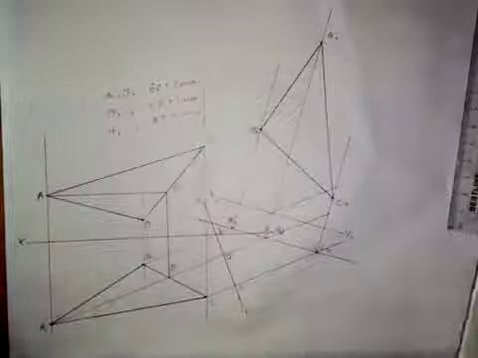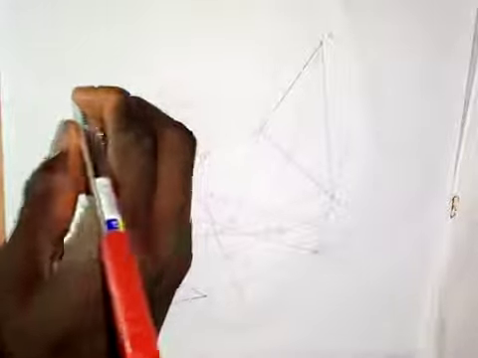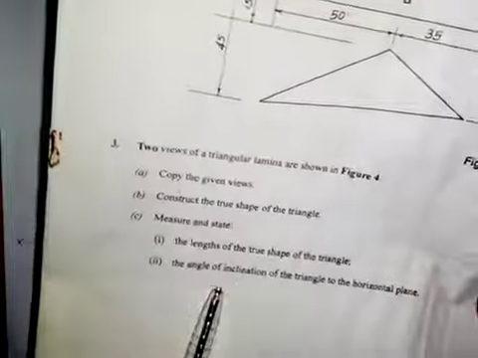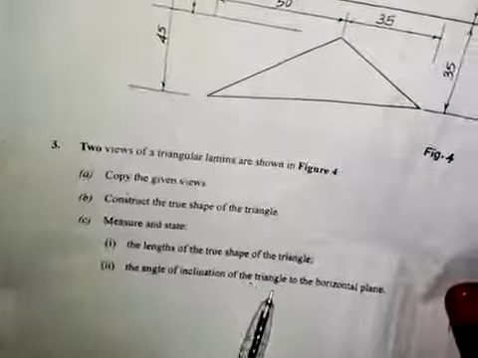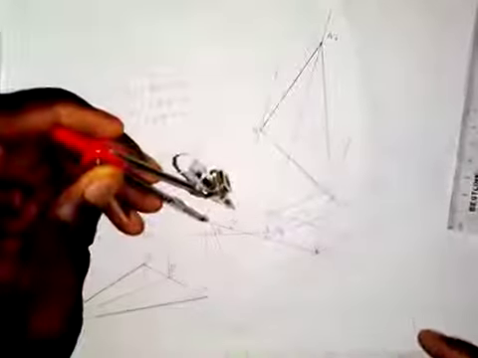The next thing we're asked is Roman figure 2 of question C, which says that we should measure and state the angle of inclination of the triangle to the horizontal plane. The angle of inclination of the triangle to the horizontal plane is this angle here.